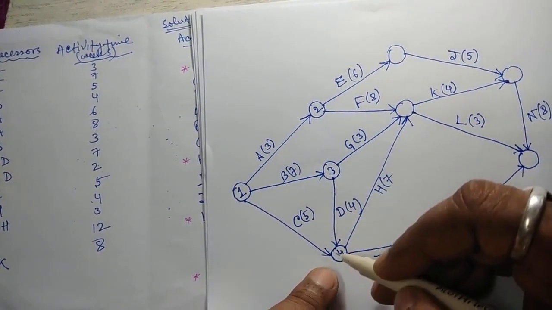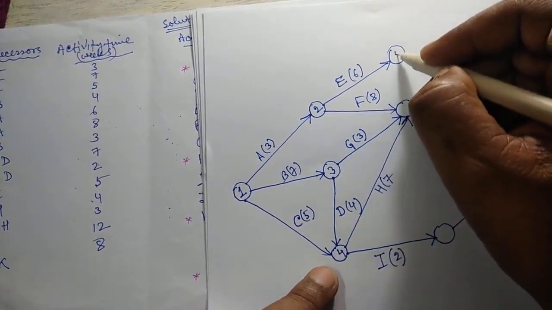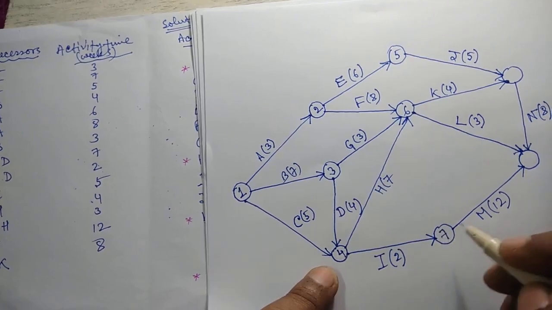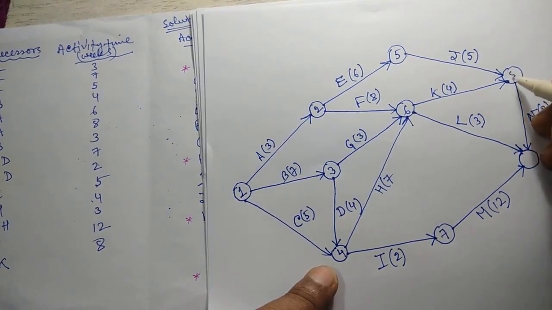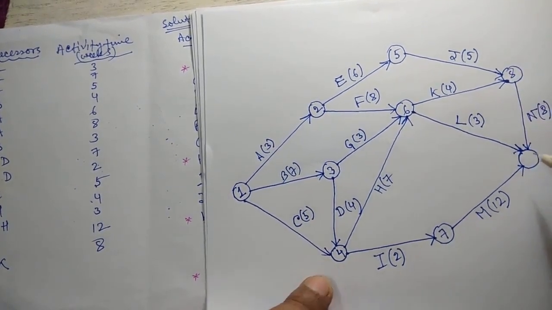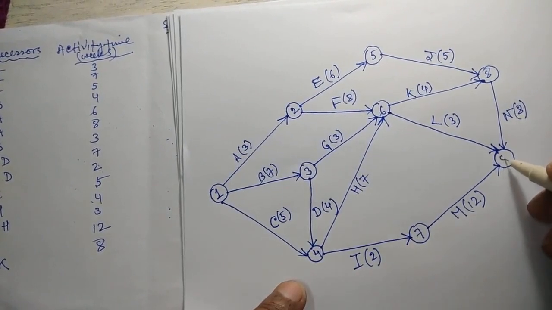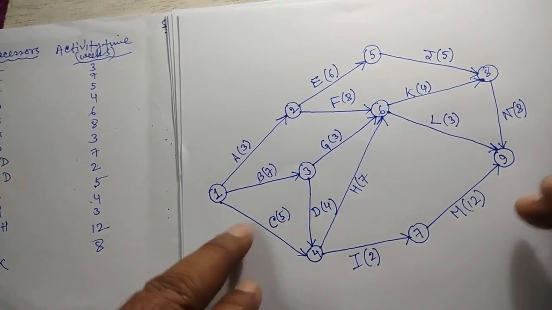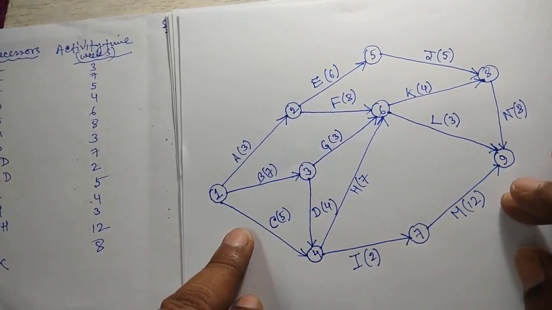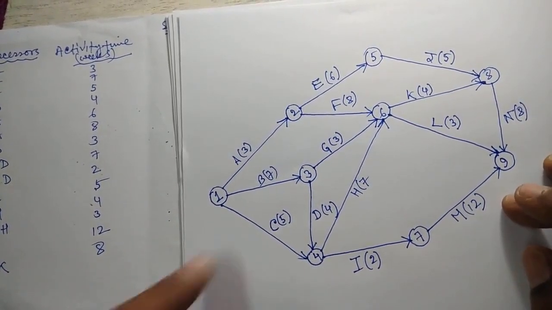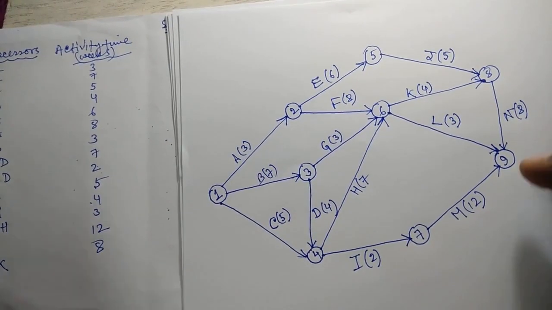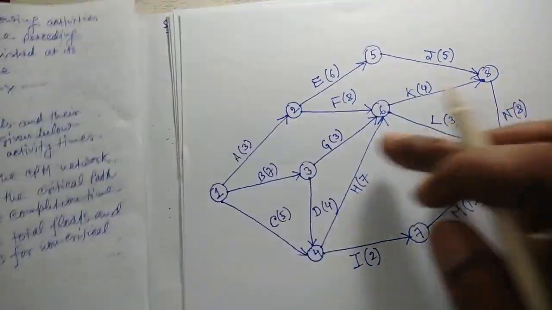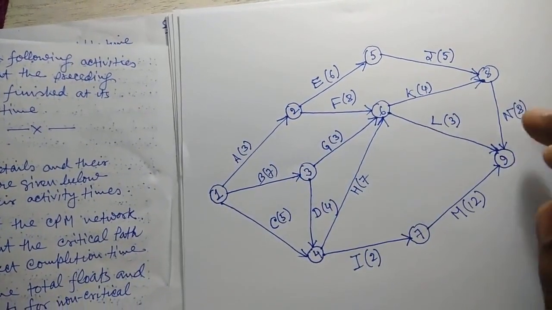See the next, E. So here 5, then 6, 7, 8, and this is the ending node, so 9. Clear? So this is the network diagram. So we have completed the first part, that is, construct the CPM network, and we have constructed the CPM network.